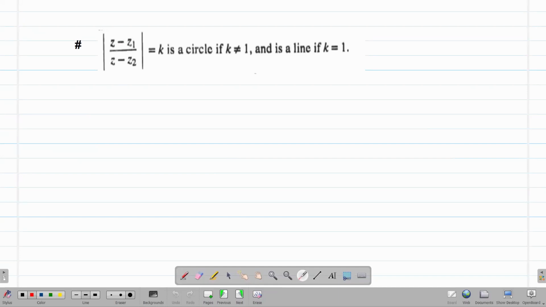Now what is written here? Mod of z minus z1 upon z minus z2 is equal to k. If this k is not equal to 1, then the locus is a circle. But if k is equal to 1, then the locus is a straight line. I'm just rewriting it.